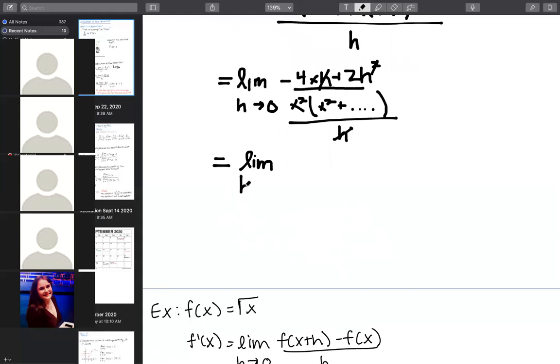So we no longer have an h in the denominator, and we have rationalized. And so if everything's in order, we can just plug in after this simplification step. 4x over x squared times that same denominator.